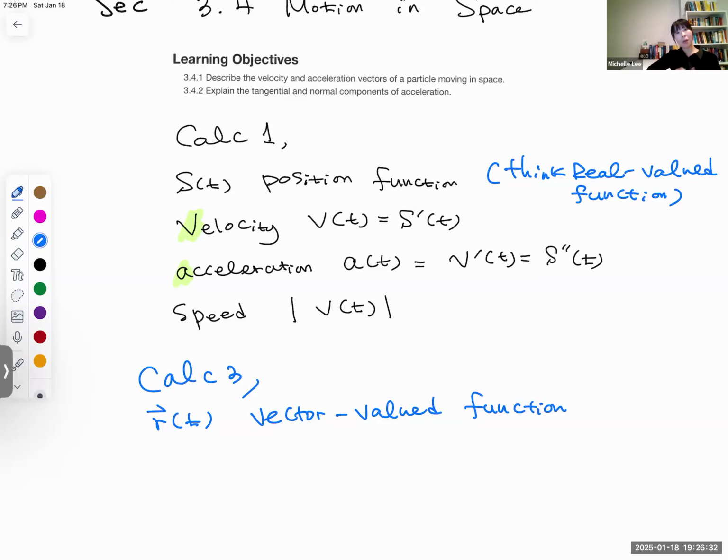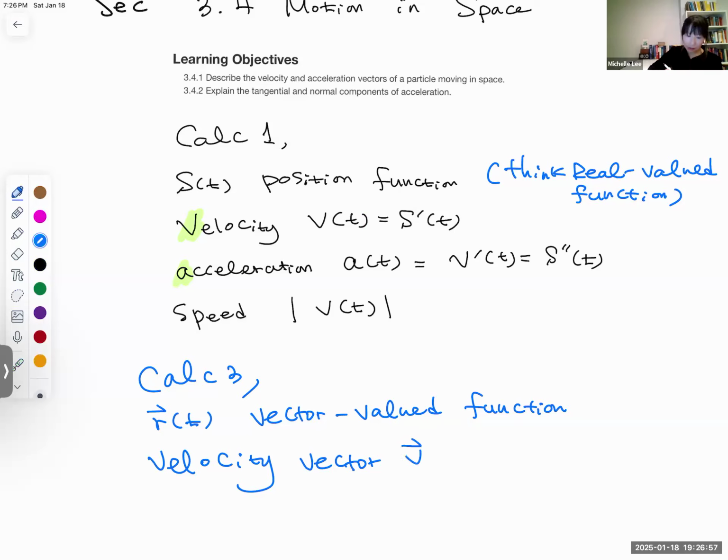We learned last time how to differentiate and how to integrate. So we say the velocity vector, same as before, uses the first letter v of t, but it's a vector notation.